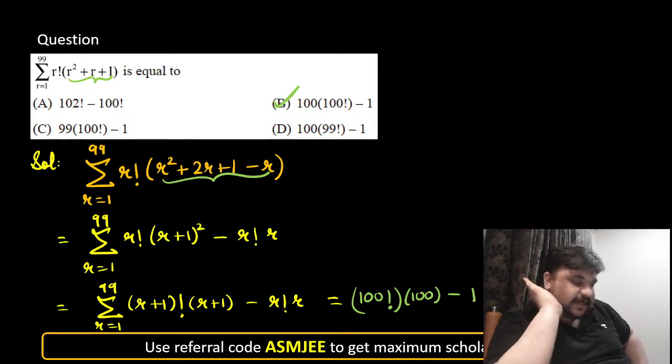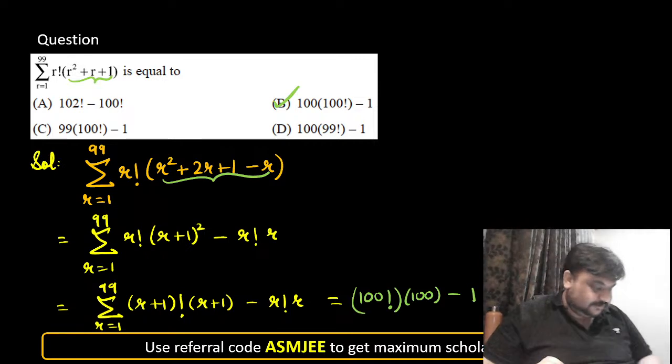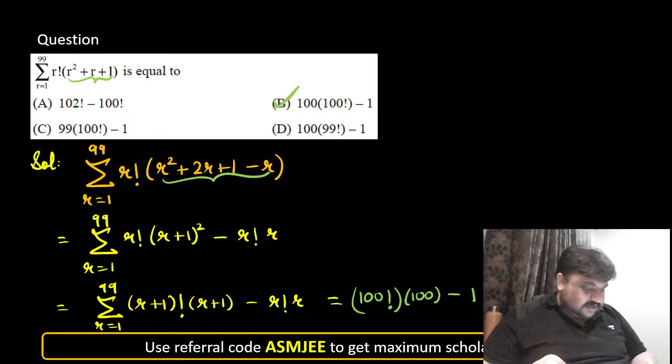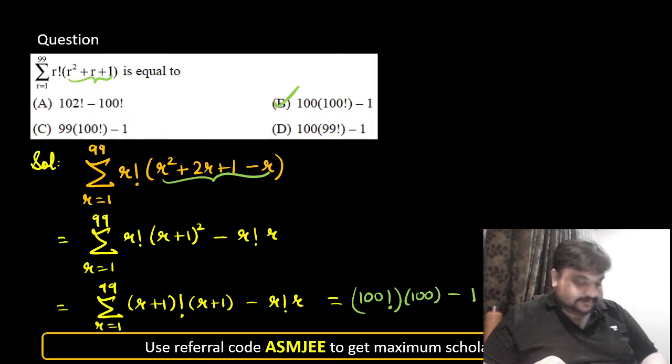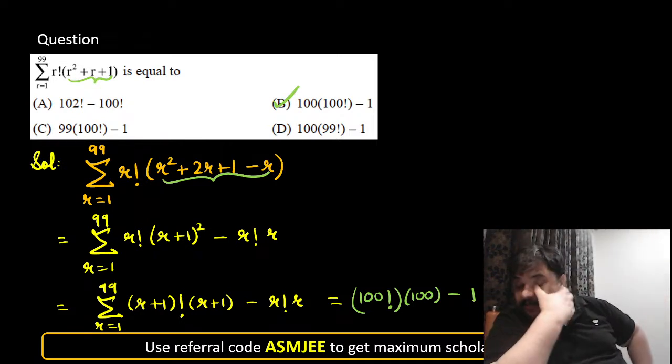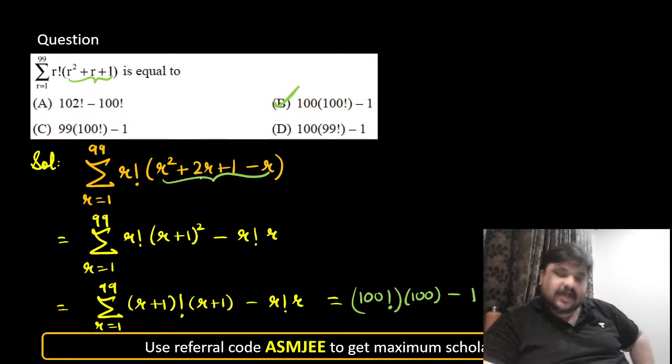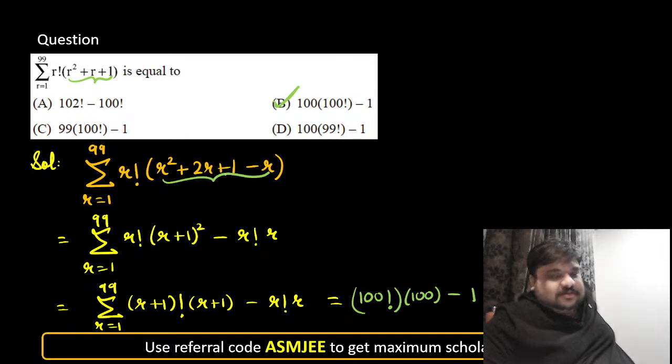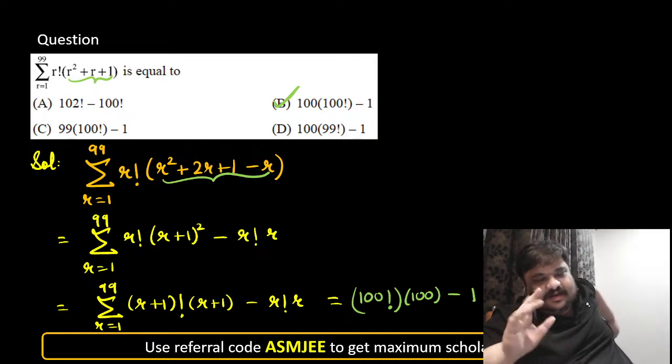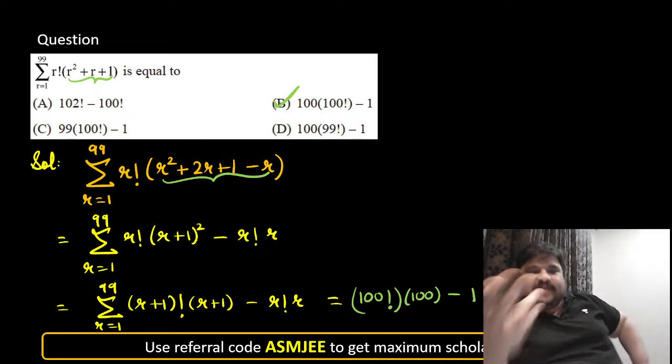Everybody knows telescoping, right? Yes or no? Okay. So now my question is, I added and subtracted r. So is it just a hunch, or was there a way to arrive at this conclusion?